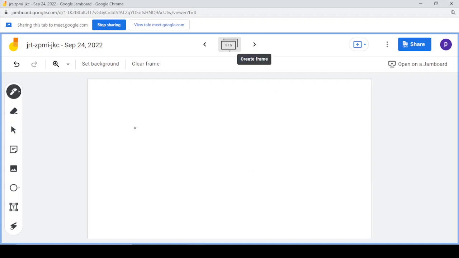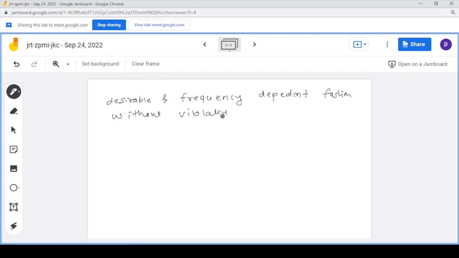In a desirable and frequency dependent fashion, without violating space and weight constraints. So how are we going to do this vibration control?